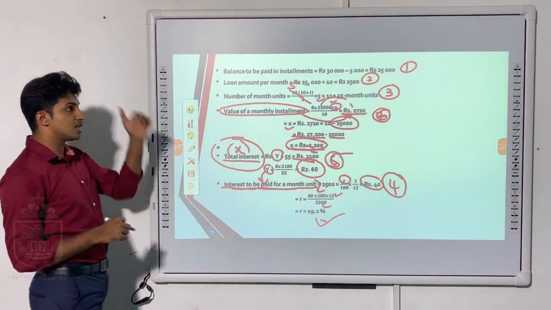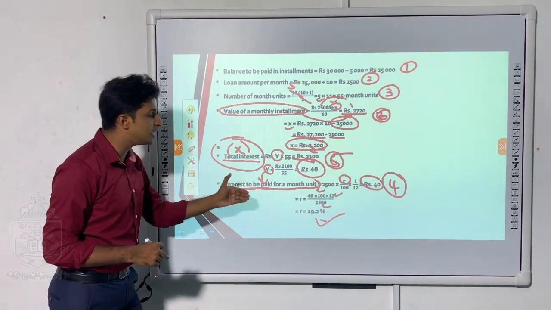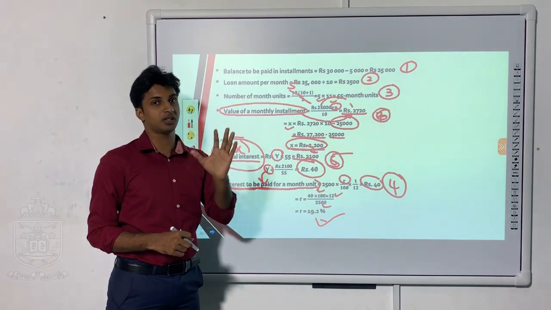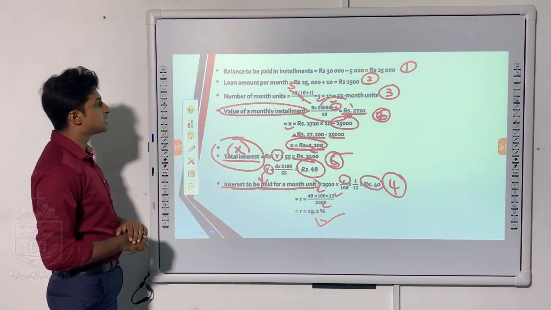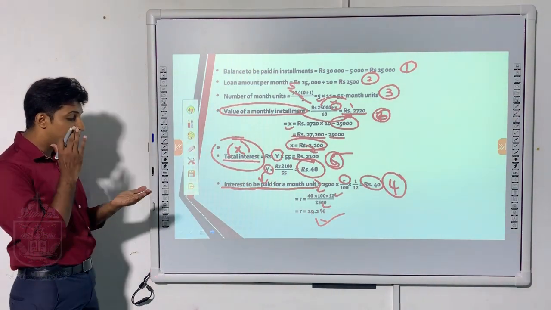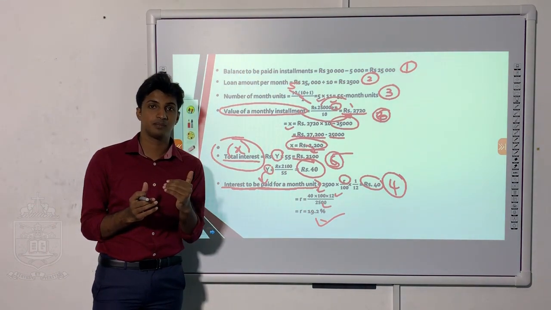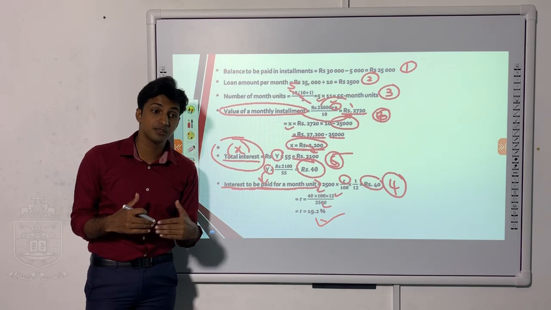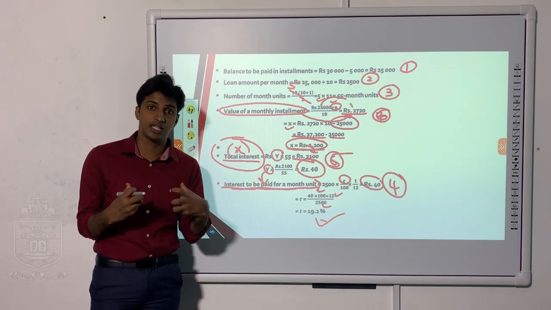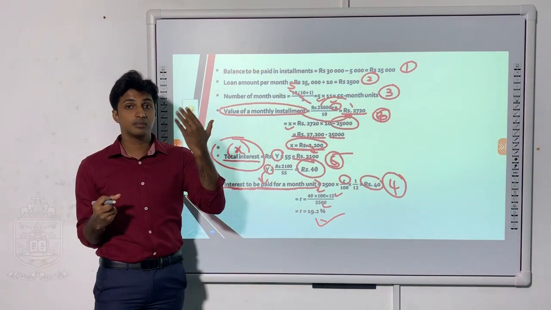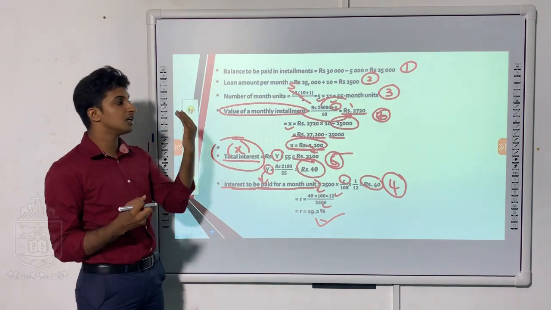You have to follow the steps for this. Then you will properly understand where I have found what. So you have to use the steps in order. If you have to find the value of a monthly installment, use steps 1 to 7. If you have to find the value of a rate or a percentage, go from the downward step to the upper step.